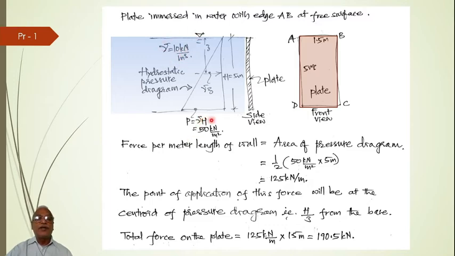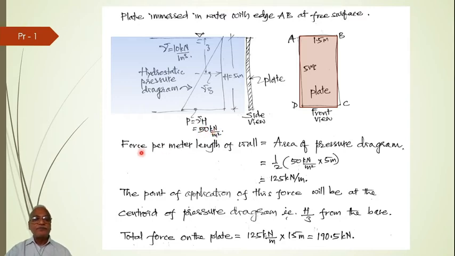So gamma into H becomes 10 into 5, that is 50. Kilonewton per meter cube multiplied by meter becomes kilonewton per meter square. So the pressure intensity at the bottom will be 50 kilonewton per meter square. So this side of the triangle will be 50 kilonewton per meter square.